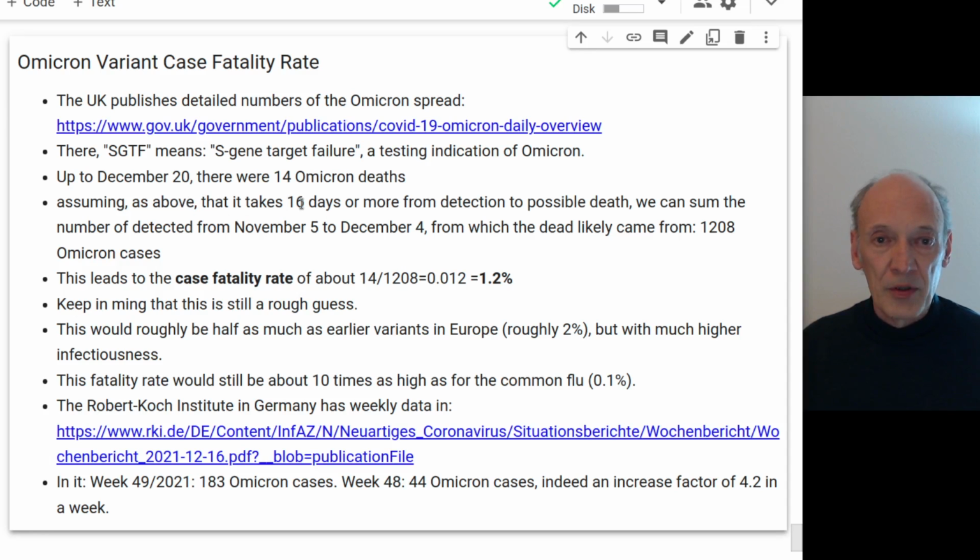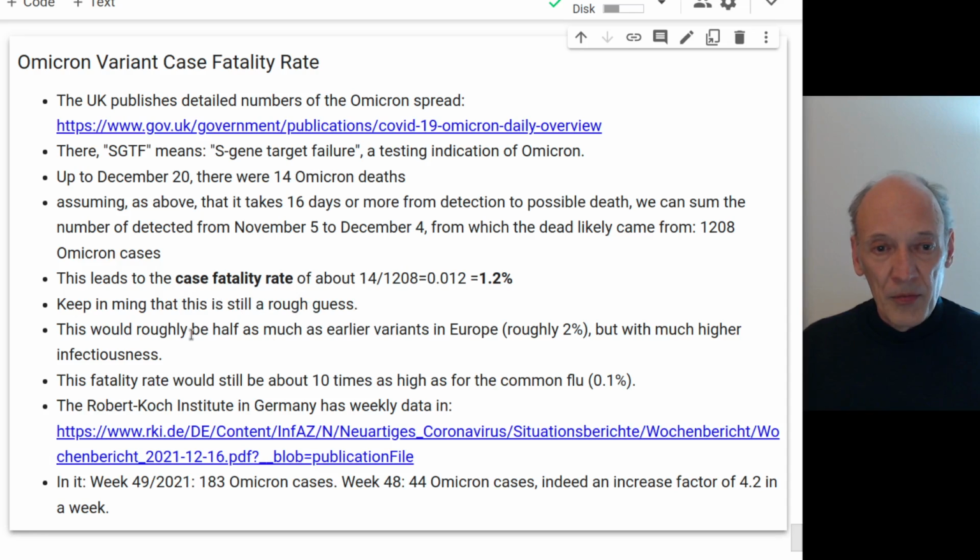Assuming as above that it takes 16 days or more from detection to possible death, we can sum the number of infected from November 5th to December 4, from which the deaths likely came from, which is 1,208 Omicron cases. This leads to a case fatality rate of about 14 divided by 1208, which is about 1.2%. But keep in mind that is still a rough guess.